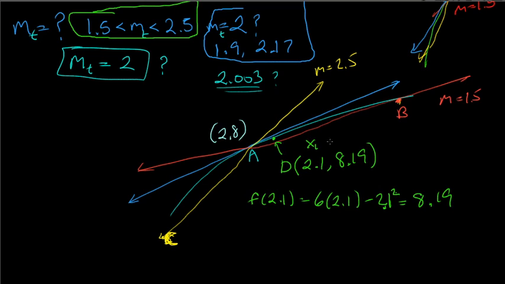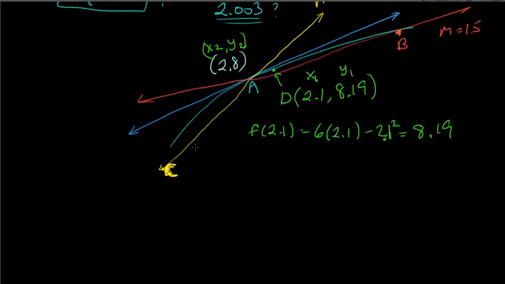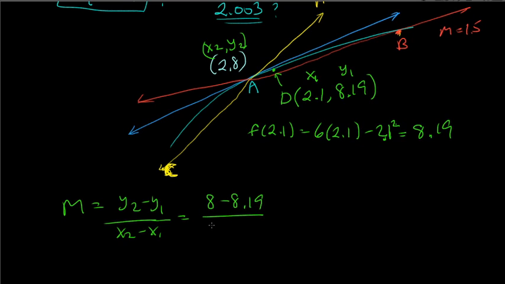And now use that as your x1, y1, and x2, y2 will still be 2 and 8, respectively. So now to get the slope, same y2 minus y1 over x2 minus x1. Again, you got to know that formula for slope. So it's 8.19. Oh, I got it backwards. It's 8 minus 8.19, over 2 minus 2.1.